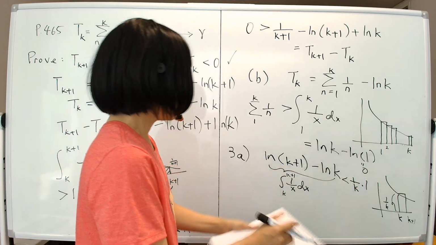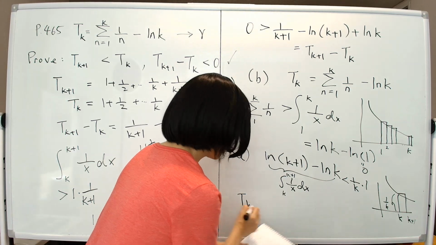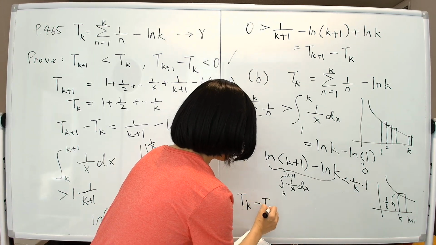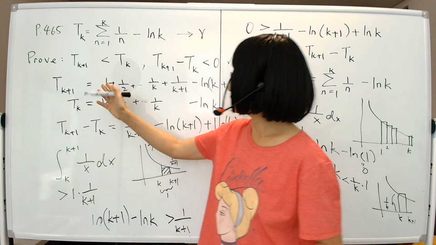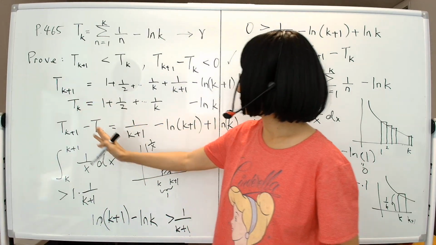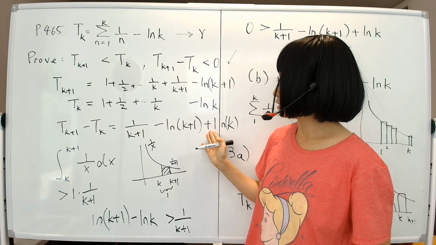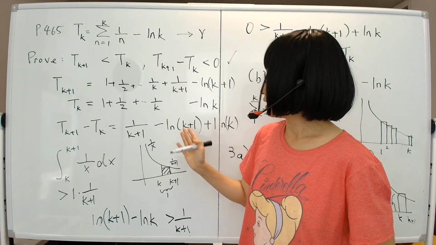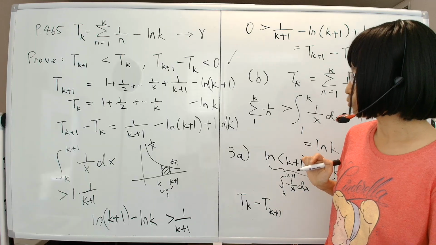Therefore, if we have t_k minus t_(k+1), we have done something similar here. This is t_(k+1) minus t_k, right? So the other way is natural log of k minus natural log of k plus 1.